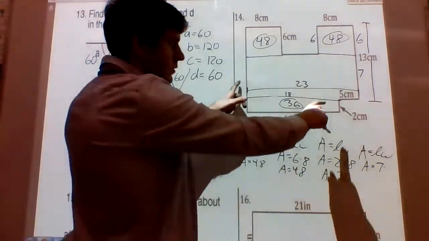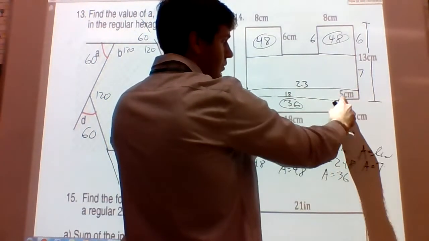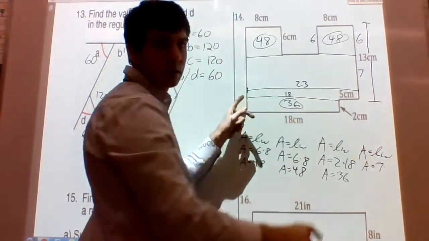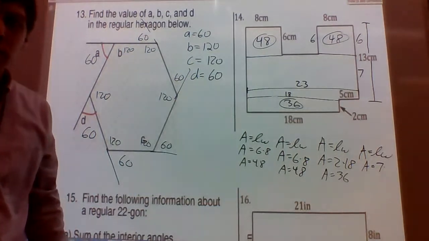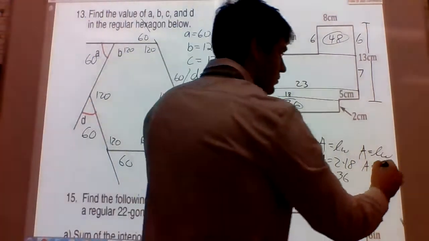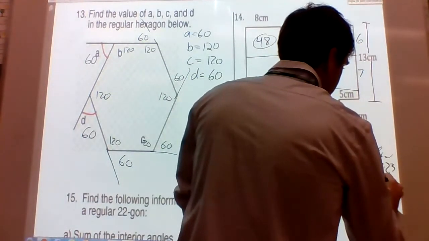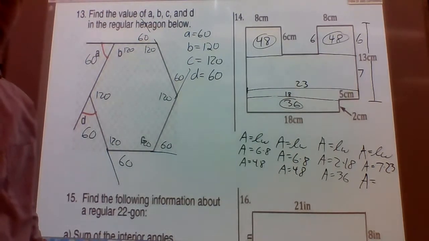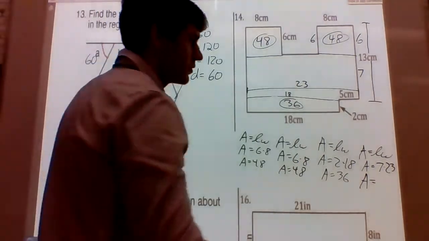Do we see this? That's segment addition. So we have 7 times 23. 7 times 20 is 140. 7 times 3 is 21. So that's going to give us 161.